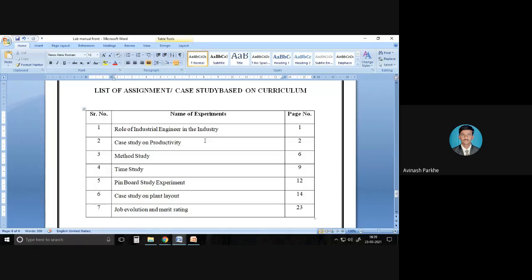So many inputs are there, but by implementing all of them, you will get one output in the form of your final products.